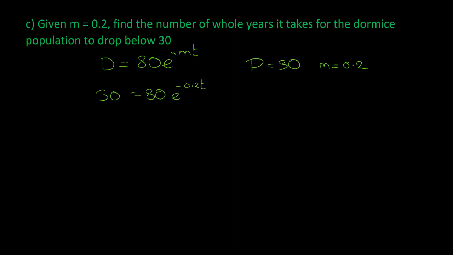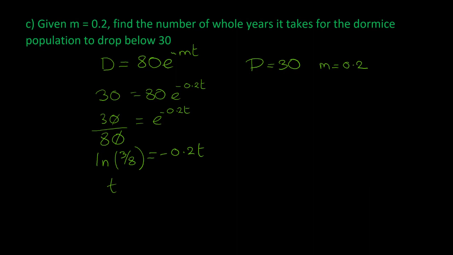So let's take that one step further. That's going to give us 30 over 80 equals e to the minus 0.2 t. And obviously that can be simplified to just 3/8 there. So take logs from both sides. So we're going to have ln of 3/8 equals minus 0.2 t.